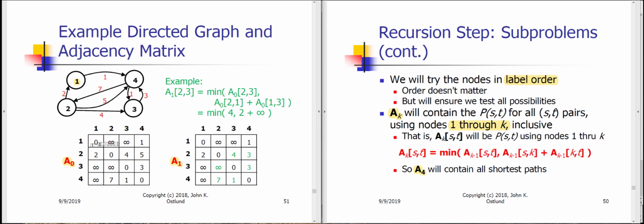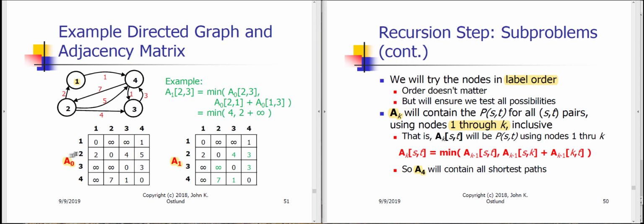There is no connection directly from node 1 to node 3. So we end up here with 2 plus infinity. Obviously, the minimum there is still 4. So we did not find a shorter path from node 2 to node 3 by using node 1 as an intermediate node. Well, let's try going from node 2 to node 4.